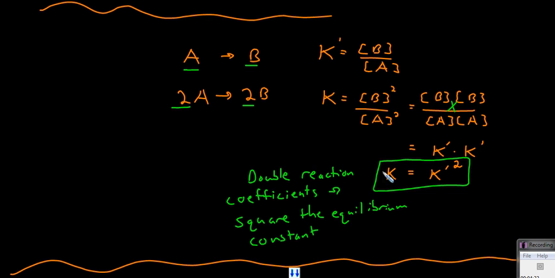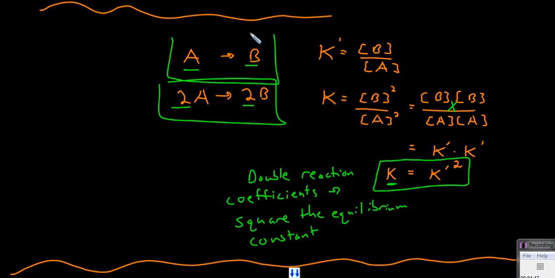So we can see that the equilibrium constant for this reaction is the equilibrium constant of its constituent reaction squared. Doubling a reaction's coefficients squares the equilibrium constant.